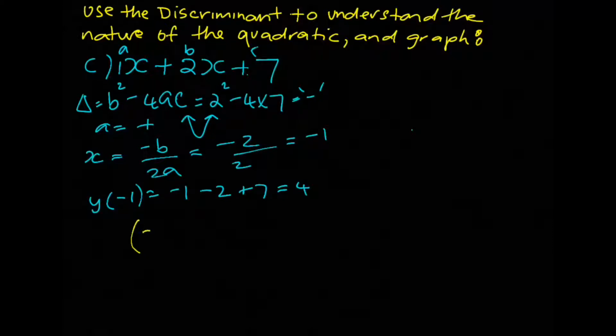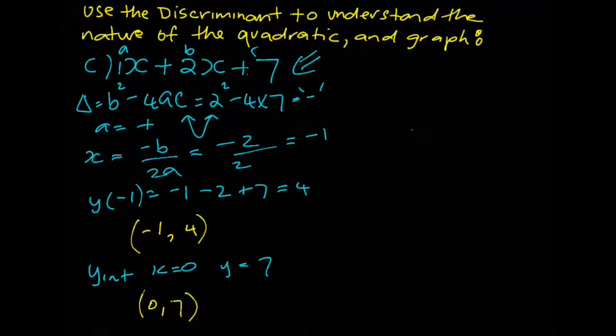So our turning point is negative 1, 4. And we can also find the y-intercept at x equals 0, y is equal to 7. We just look at this, substitute 0 in, and we can see it's 7.